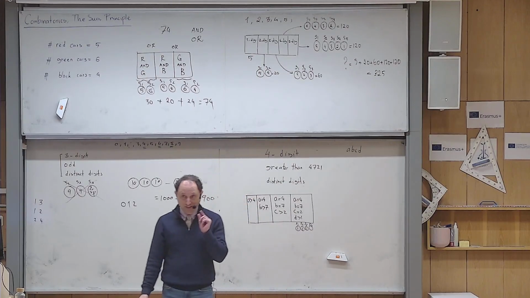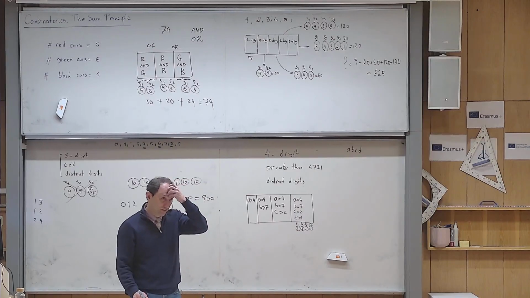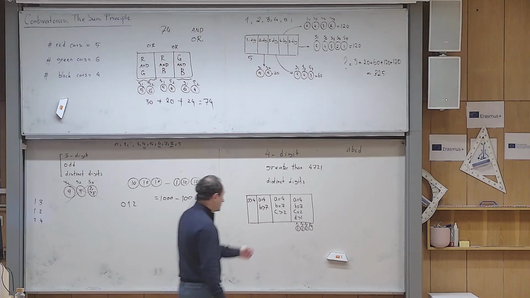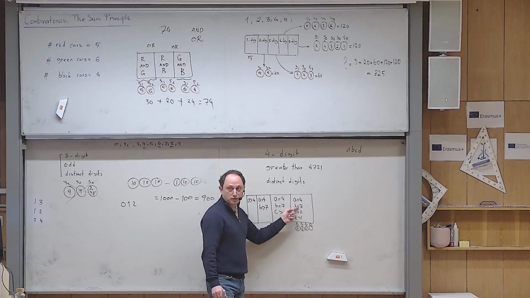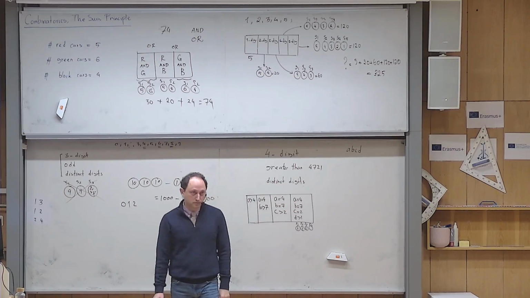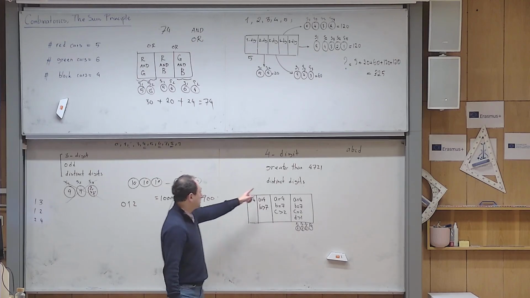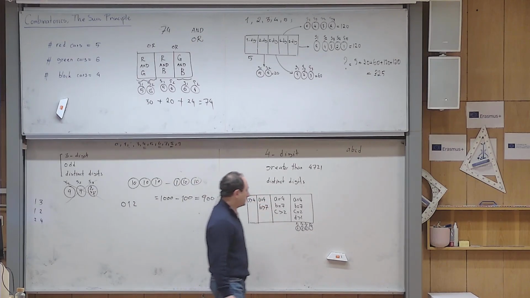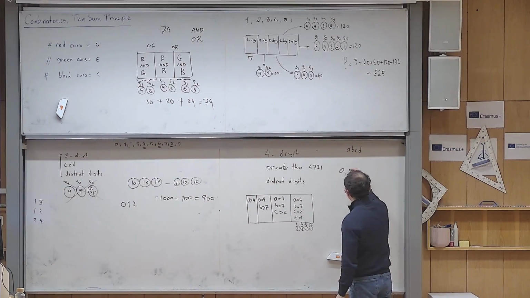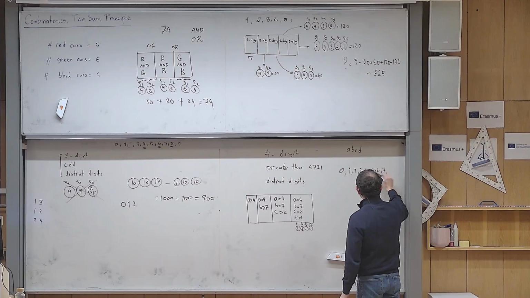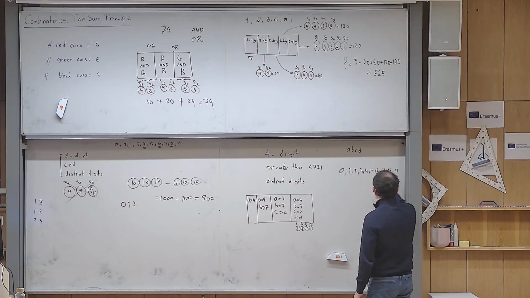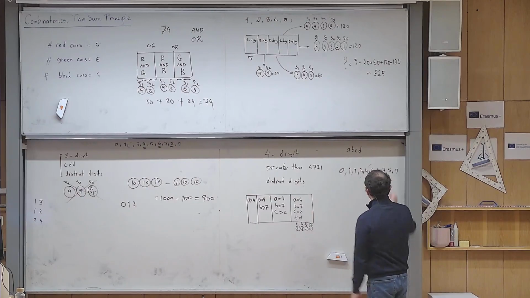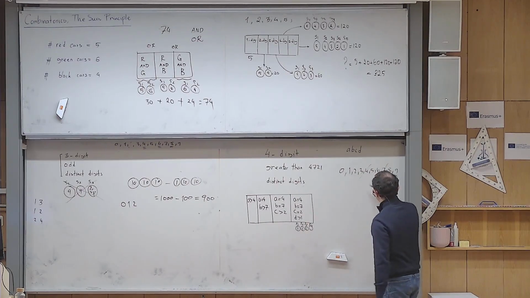Not 9. Be careful, the digits are not allowed to be repeated. So 4 is already used, 7 is already used, 2 is also already used. So let me write the digits 1, 2, 3, 4, 5, 6, 7, 8, 9. 4 is used, 7 is used, 2 is used.